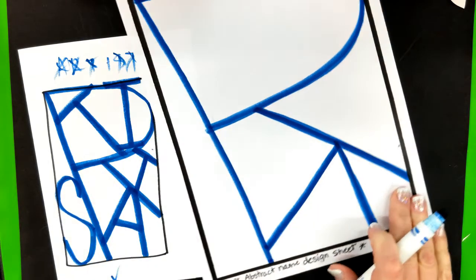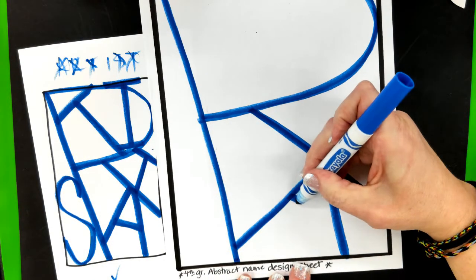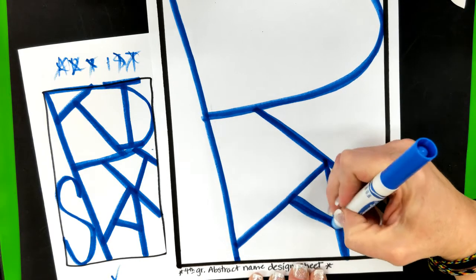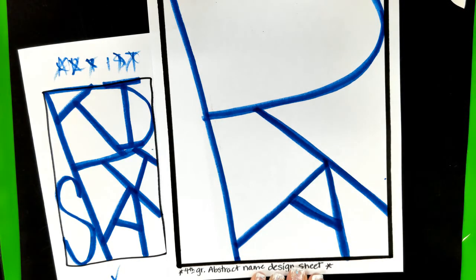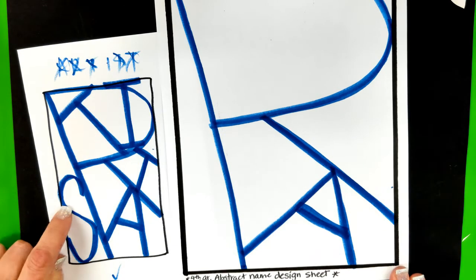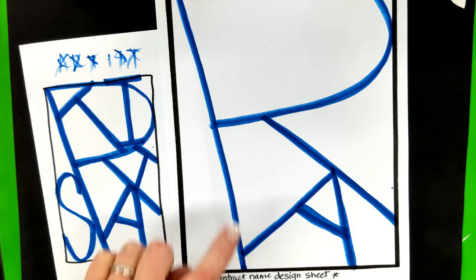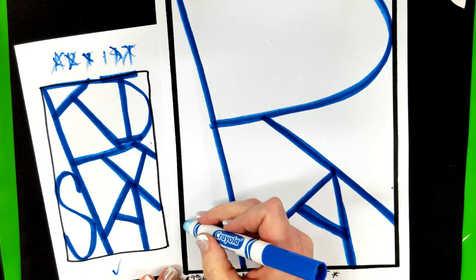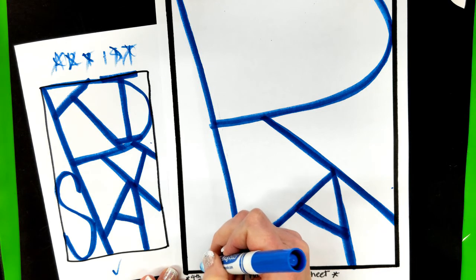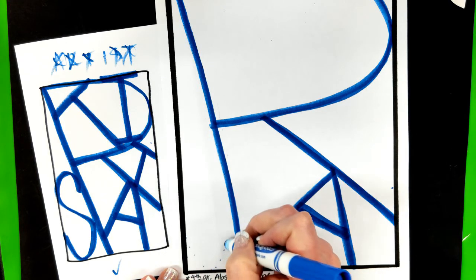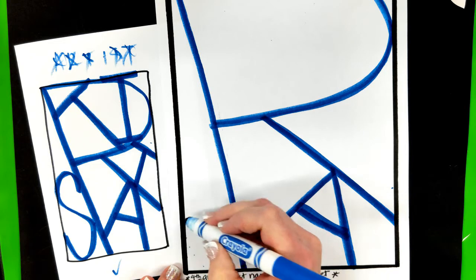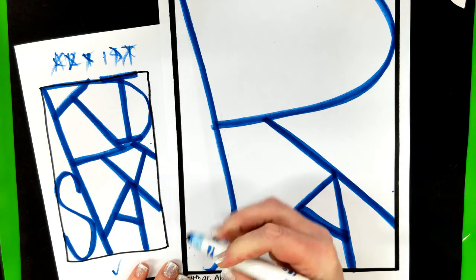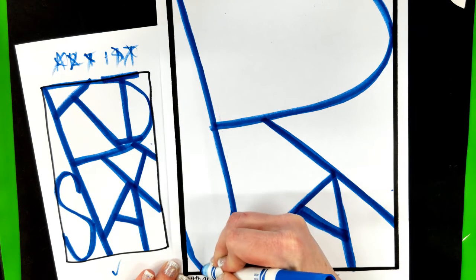Then I need to cross the middle of the A. So there's the A and the R. I'm going to do the S next because I'm already working in that area. Just like I did before, I'm going to give myself some lines to go by before I jump in with both feet, just so I like where that's placed.